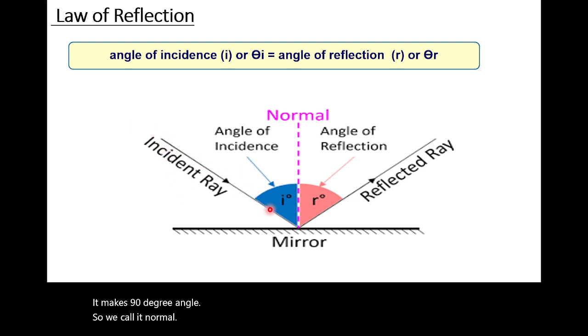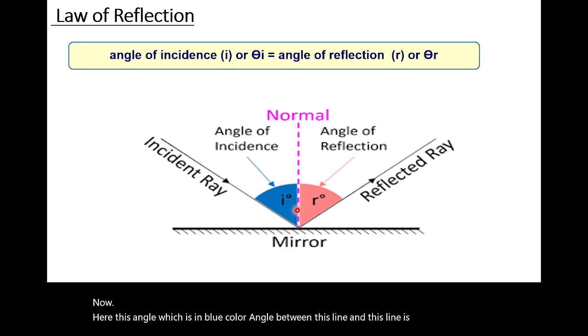Now this ray is the falling ray, which is called the incident ray. This is the reflected ray, the going ray, the bouncing ray. Now here this angle, which is in blue color, the angle between this line and this line, is the angle of incidence.